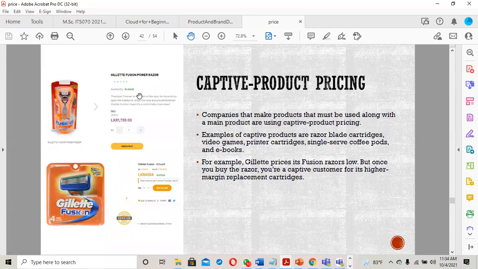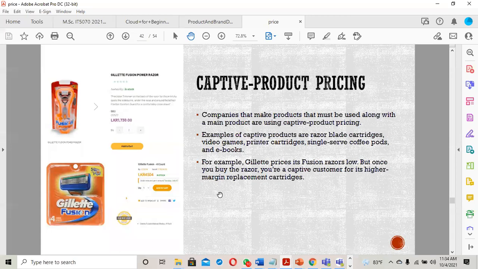But they're going to sell it separately. So they're going to say the razor only costs you $17.30. But then what about the blades? If you're going to buy the blades, then you have to pay separately. So that is another strategy, right?